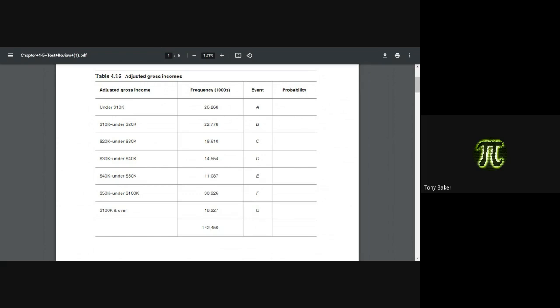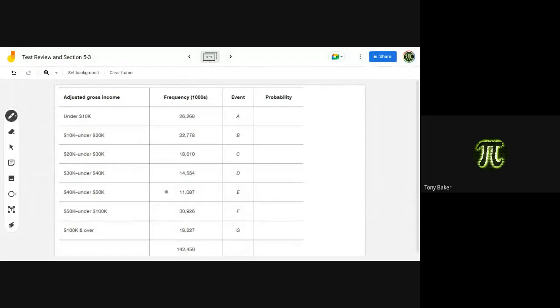So we're going to take this table here. First thing we're going to do is find the probability of each of those events. How do I find the probability of each of those events? Well, how would I find the probability of A? Yeah, so I'm going to take the 26,268 divided by, and they already added them up for you. The 142,450. Yes, they're already going to give you that, so you don't have to add them up.